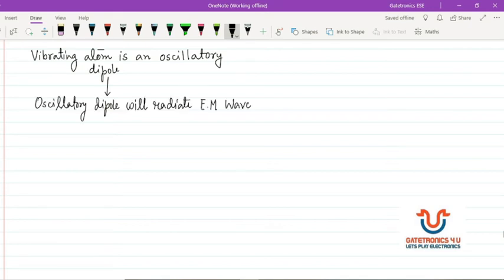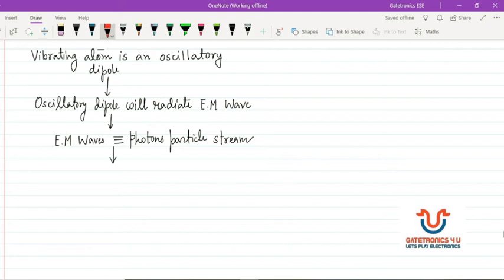wave. And according to wave-particle duality, we can think of the electromagnetic wave as photon particles. So every vibrating atom is the source of electromagnetic wave or photon. In this way, photon particles are generated inside the semiconductor when the temperature is raised above 0 Kelvin.